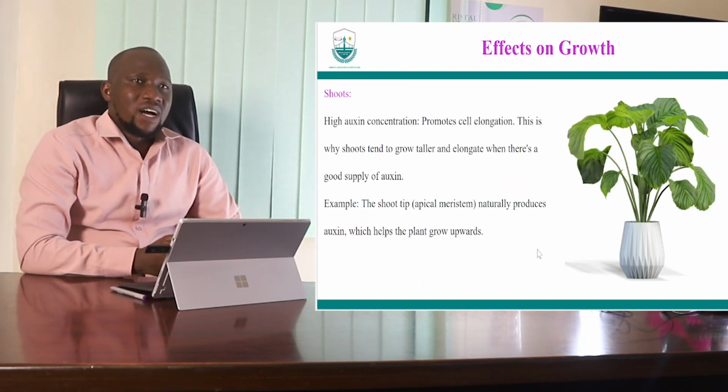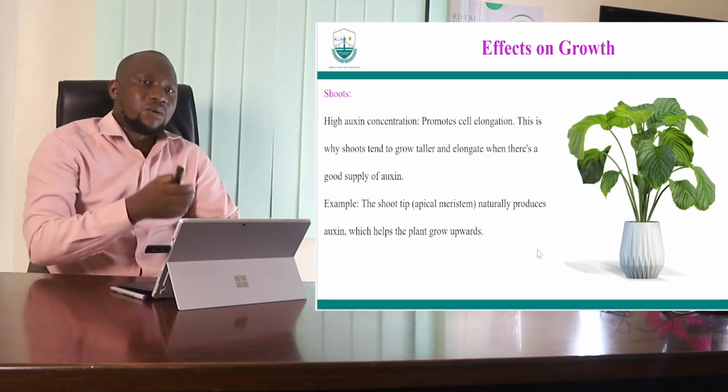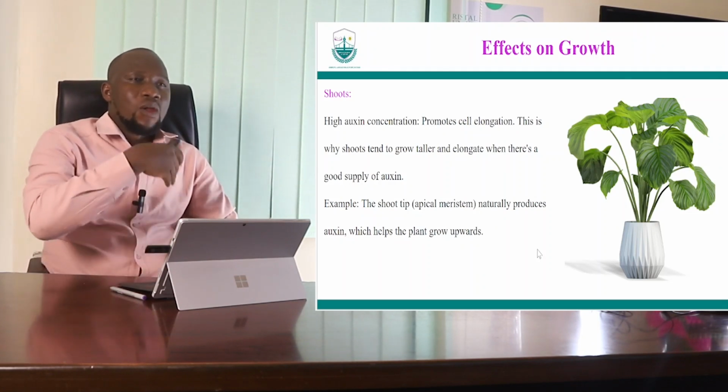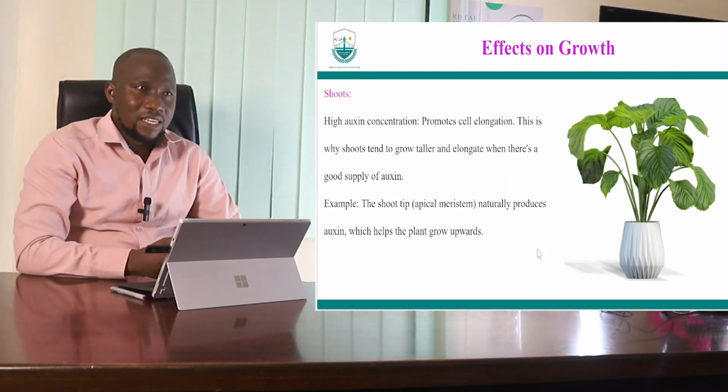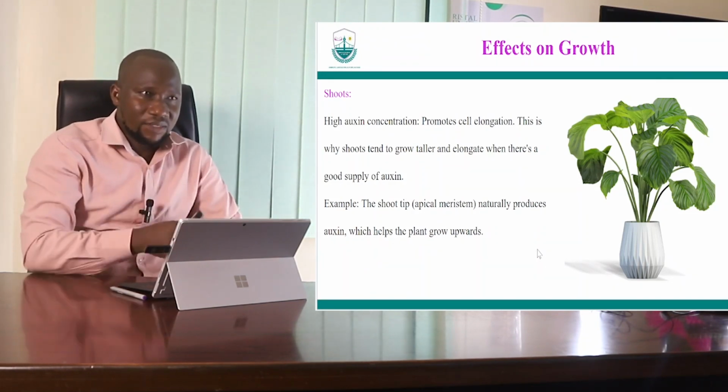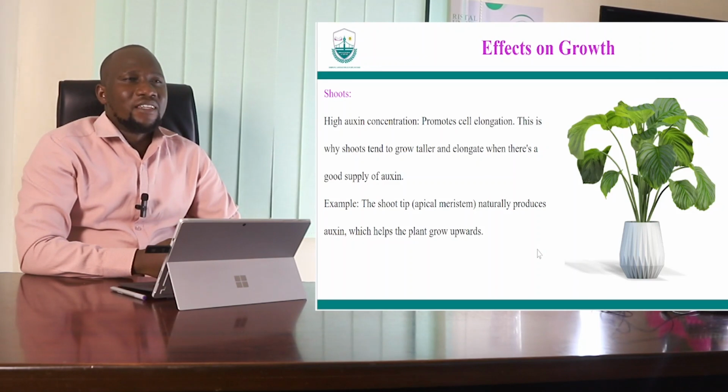When we have a high auxin concentration in the shoot, what you will see is that the cells will elongate. This is basically the growth. It will grow taller and elongate.